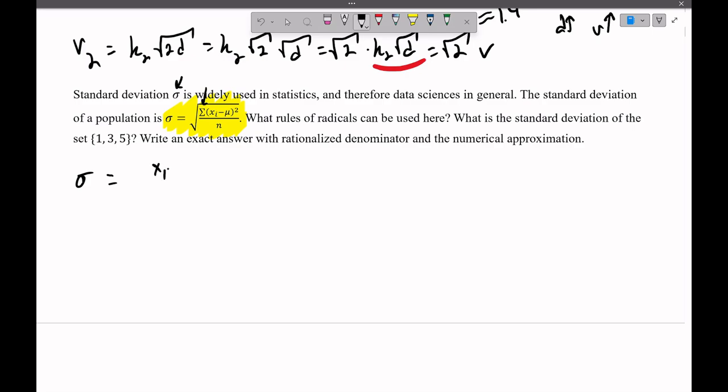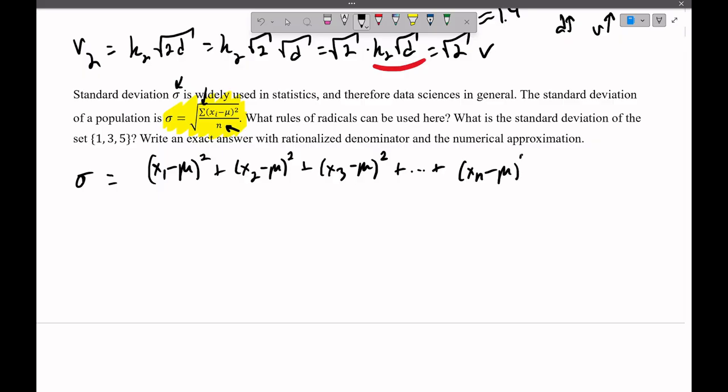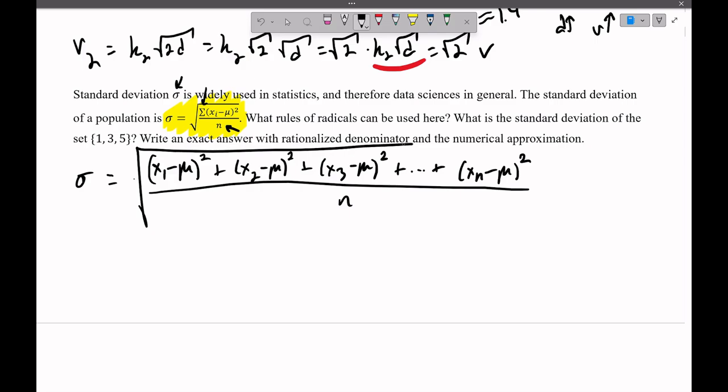It's the same thing as saying x1 minus the mean mu squared, plus x2 minus the mean squared, x3 minus the mean squared, and all the way on up to xn, because there are n points, minus the mean squared. That's the summation. And we have all this divided by n and the square root of this entire thing.